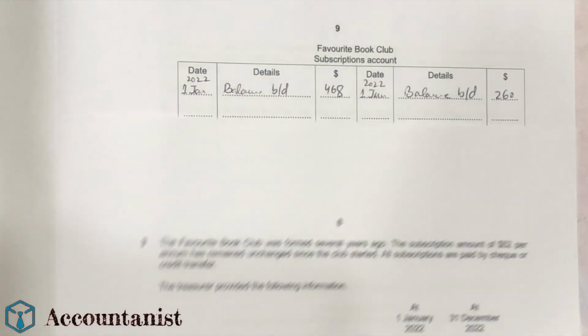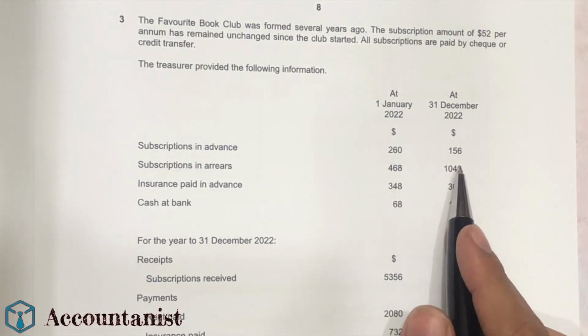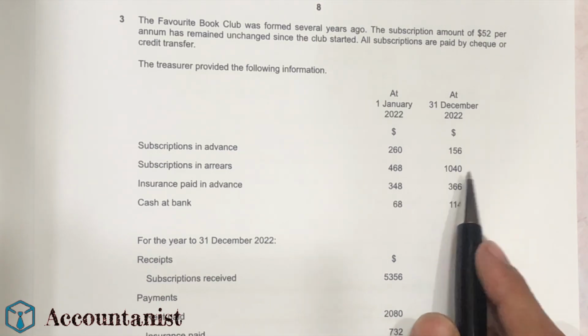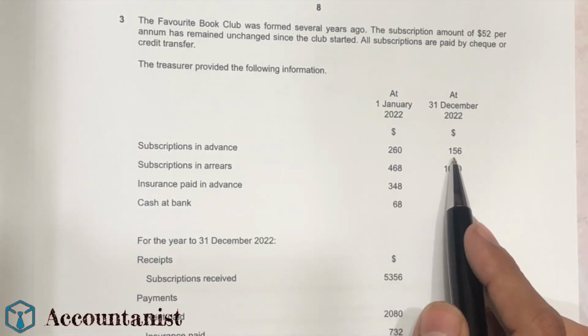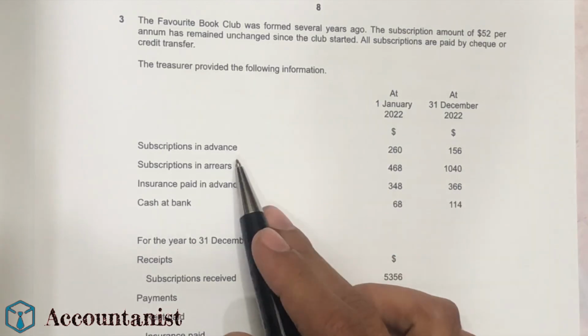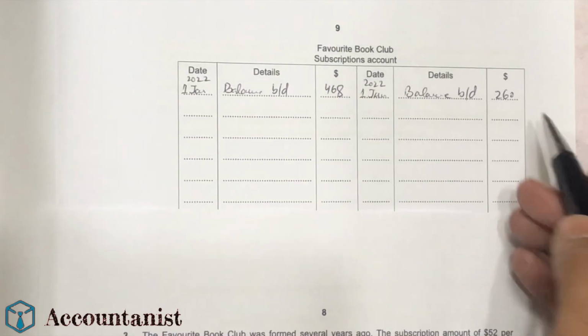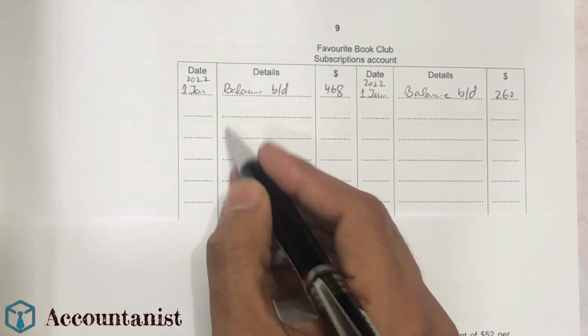The next thing that I always tell my students is to write the closing balances straight away, so that will make this question easier. So we have advance opening balance, meaning the prepaid, closing balance of 156. So if the opening balance comes on this side, obviously the closing balance will come up here. So leave some lines.